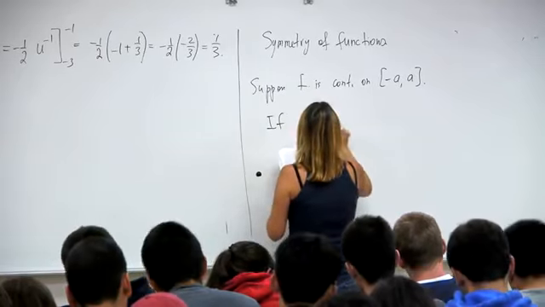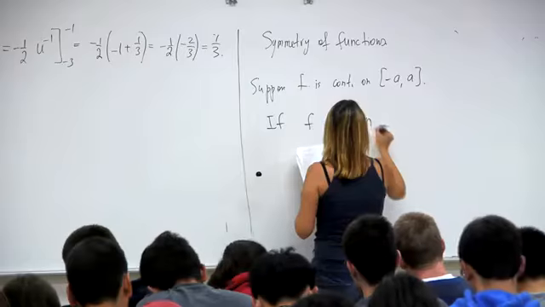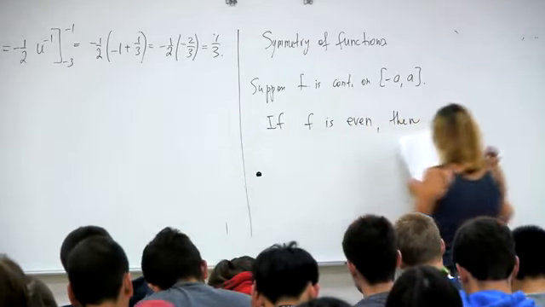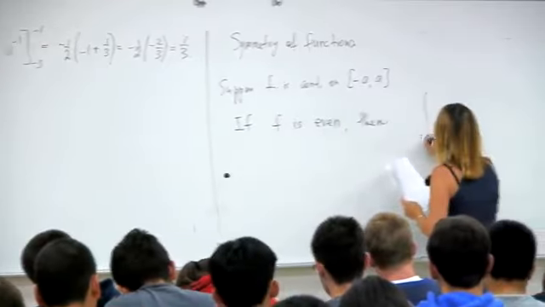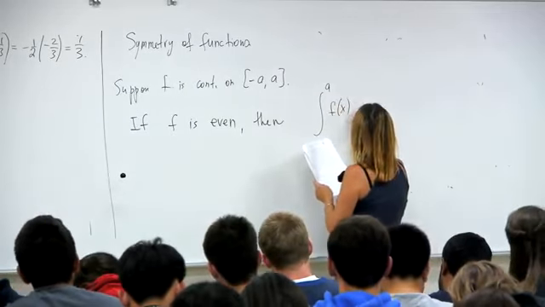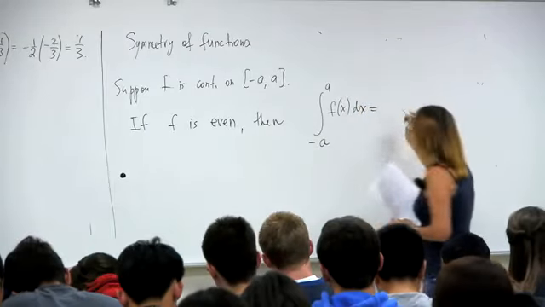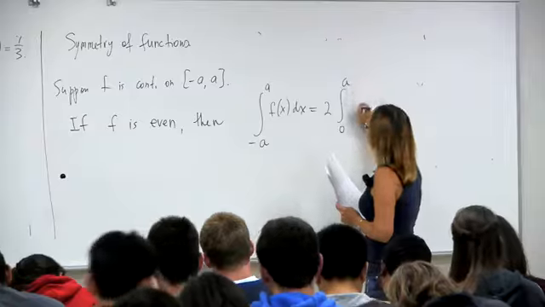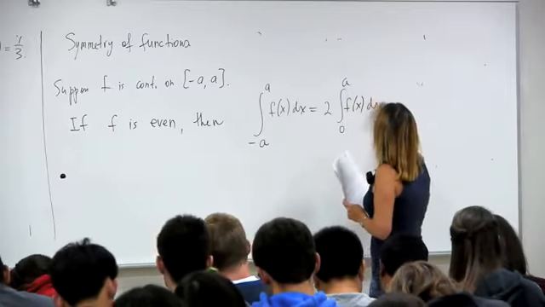If f is even, then the integral from minus a to a of f of x dx can be simplified to 2 times the integral from 0 to a of f of x dx.